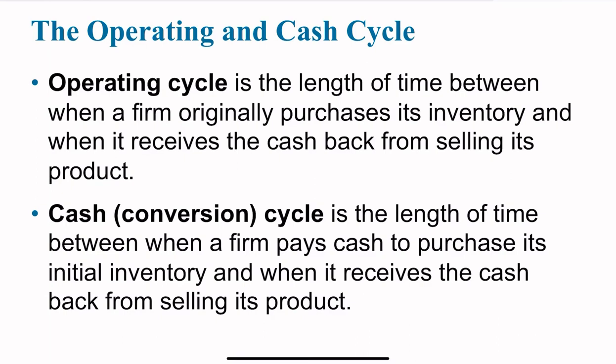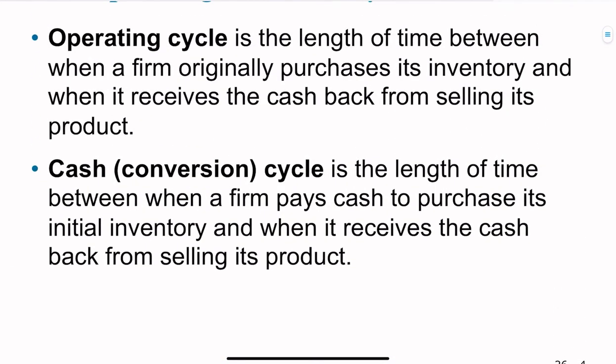It is the length of time between when the firm buys its inventory and when the firm receives its cash from selling its product. And the second cycle is the cash cycle or cash conversion cycle. It is the length of time between when the firm pays cash to buy inventory and when the firm receives the cash from its product.